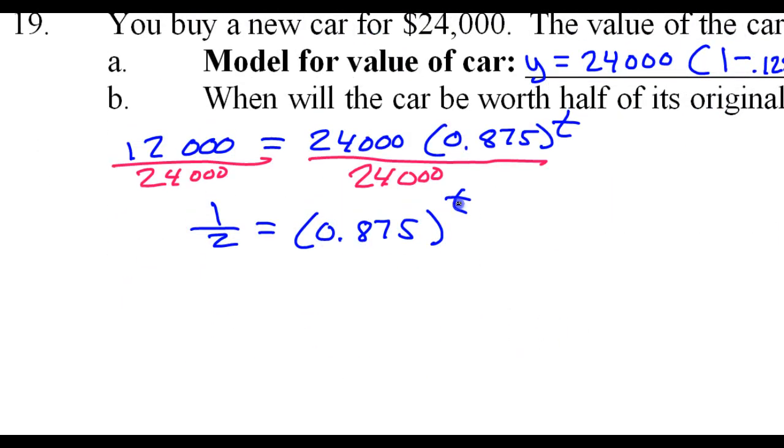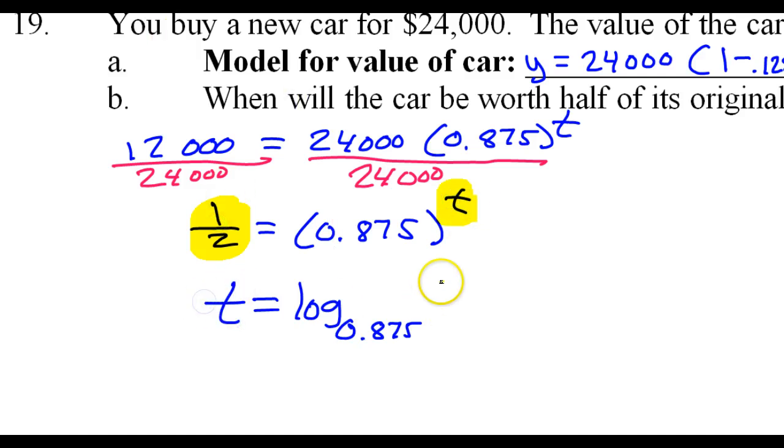To solve for this exponent, we need log form. So this will be log base 0.875, and these two things are going to change sides. The t will be over here and the 1/2 will be right here.